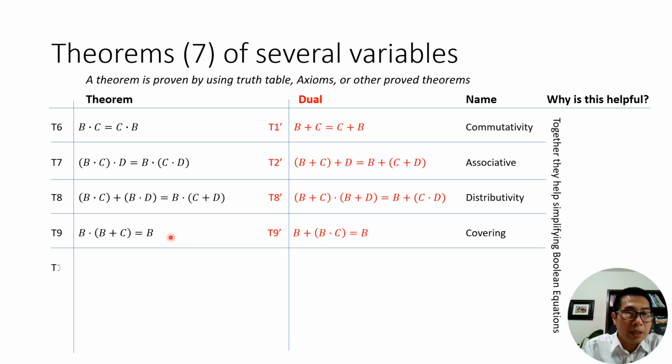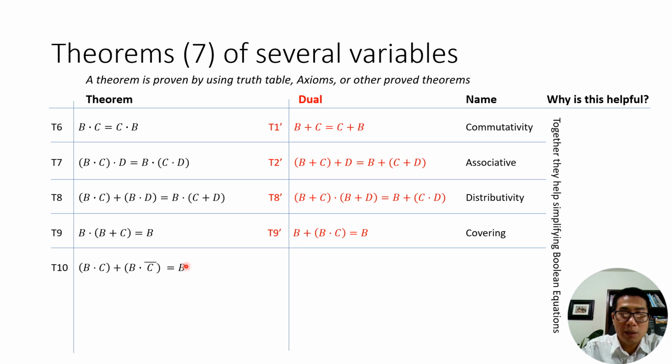The next one is T10. You have B and C, or B and not C, is the same as B. This one is very important. You can combine one operator, two operators, three operators into B only.